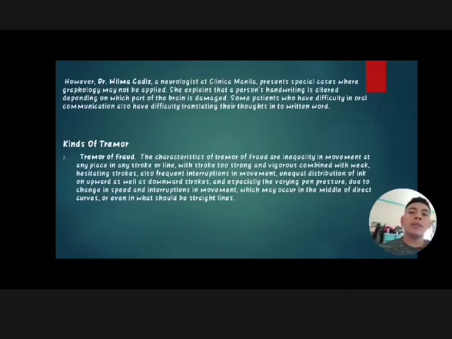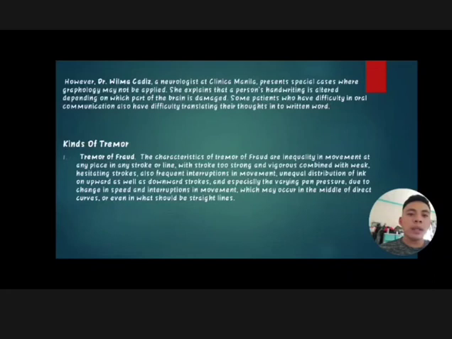Kinds of tremor. 1. Tremor of rudeness. The characteristics of tremor of rudeness are inequality in movement at any place, in any stroke or line, with strokes too strong and vigorous combined with weak, hesitating strokes.